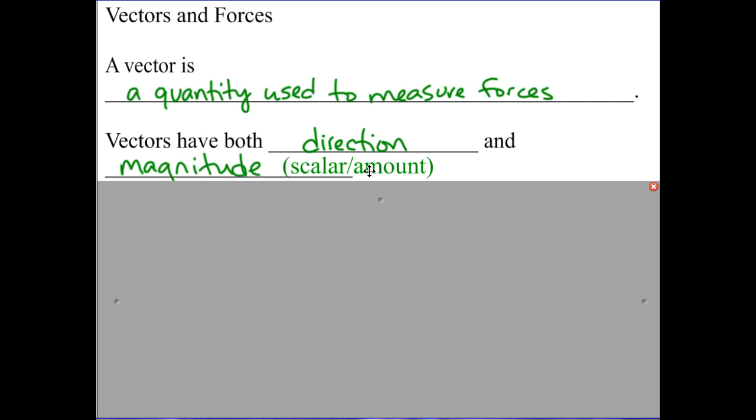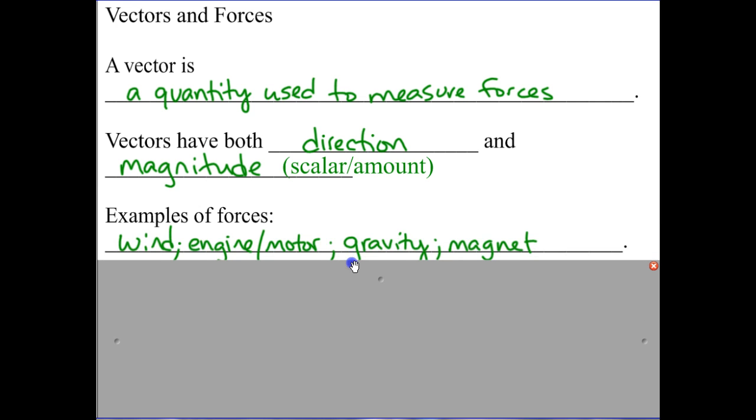Let's think of some examples of vectors. Well, certainly anything that has a direction and a magnitude, like wind is a perfect example, is an example of a vector. But there are others. Examples of vectors or forces: wind, any engine or motor. Gravity certainly has the same direction all the time.